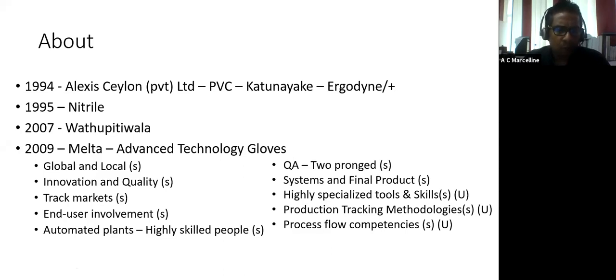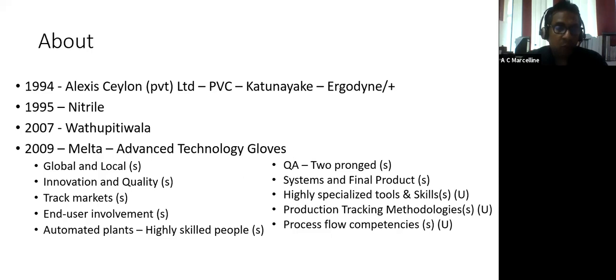They are in the markets both globally and locally. They believe in innovation and quality, because this is where the uniqueness also comes up. They have a system to track the markets, and they get end user involvement, which is very good.